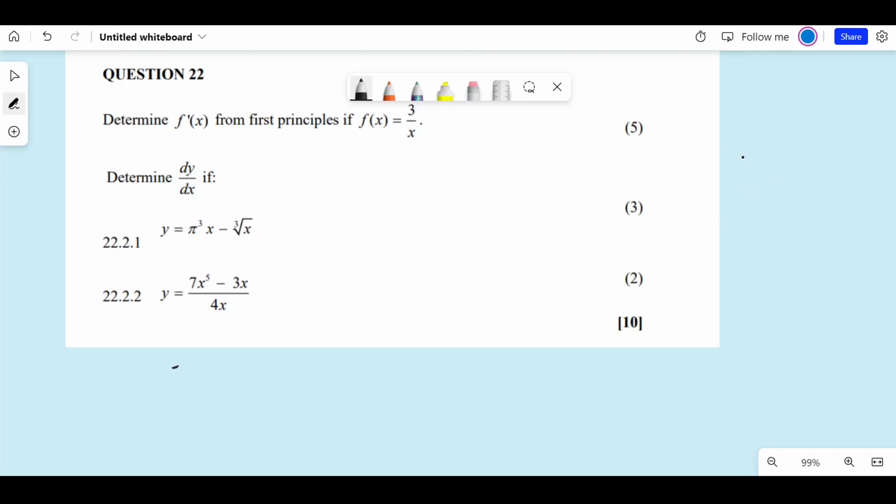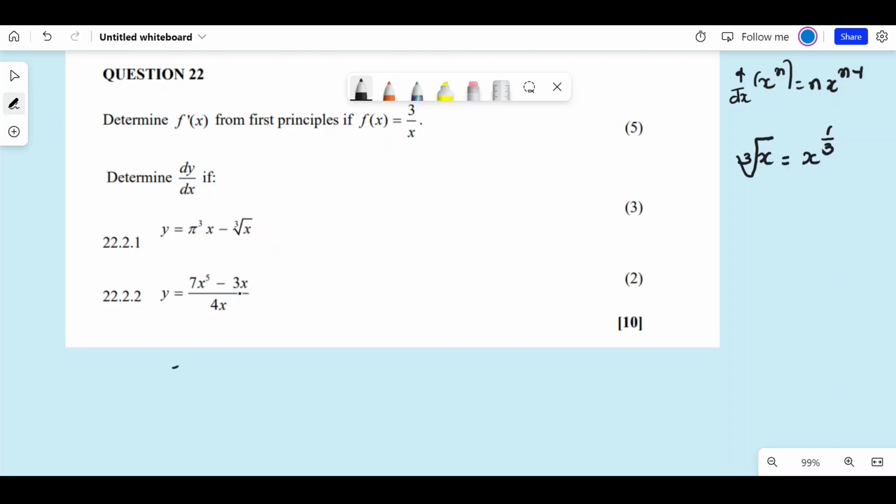If you have, for example, the cube root of x, like in this question, you must change this to x to the power 1 over 3 in exponential form before you differentiate, because the rule that you know in differentiation is d over dx of x to the power n is n x to the power n minus 1. So whatever you have in the question, you must change it into this form, x to the power n. So here it is not in that form, so change it into exponential form.